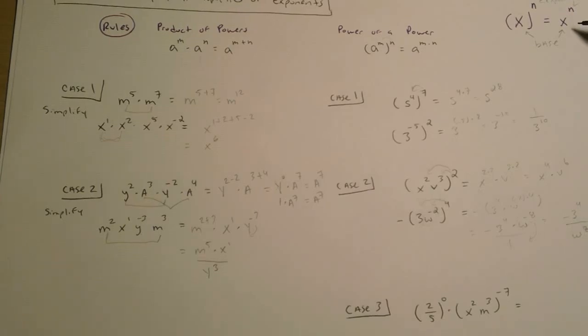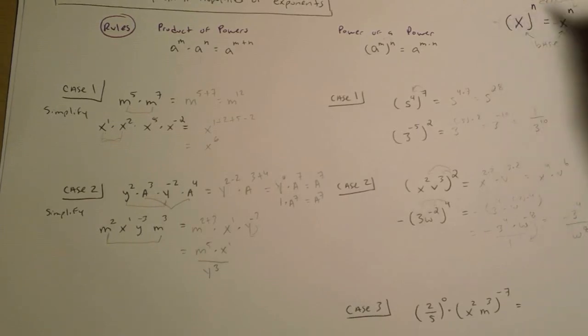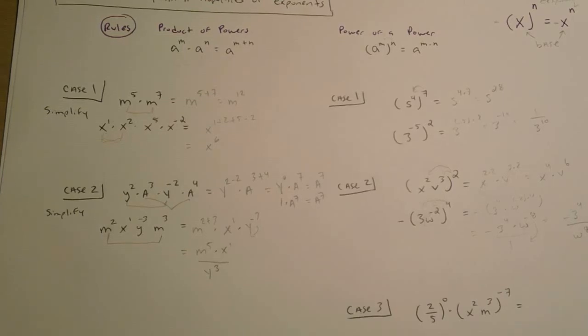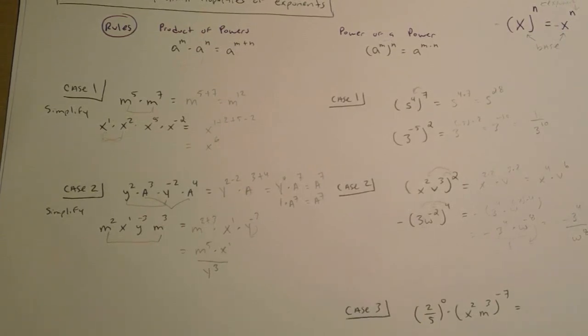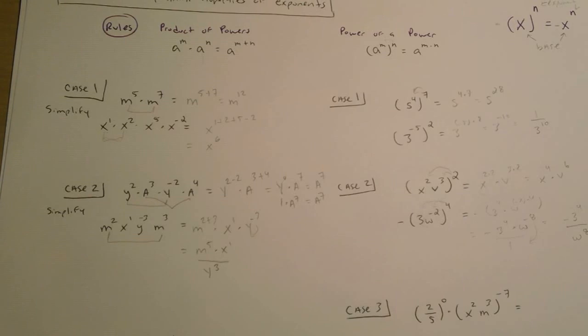And from what we were saying up here, if it were to have a negative number in front of it, then it would not affect the base at all, because it wouldn't be inside the parentheses on this side. So let's just do 3 to the 4th power, which is what? 9 times 3 is 27, times 3 is 81. So we have negative 81 over w to the 8th.